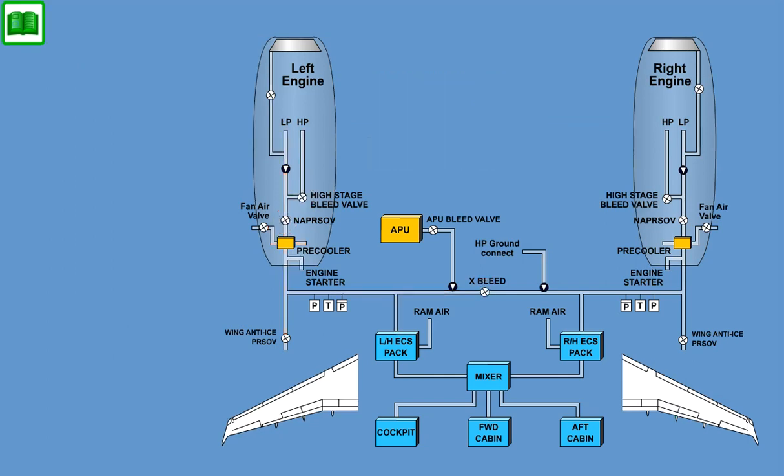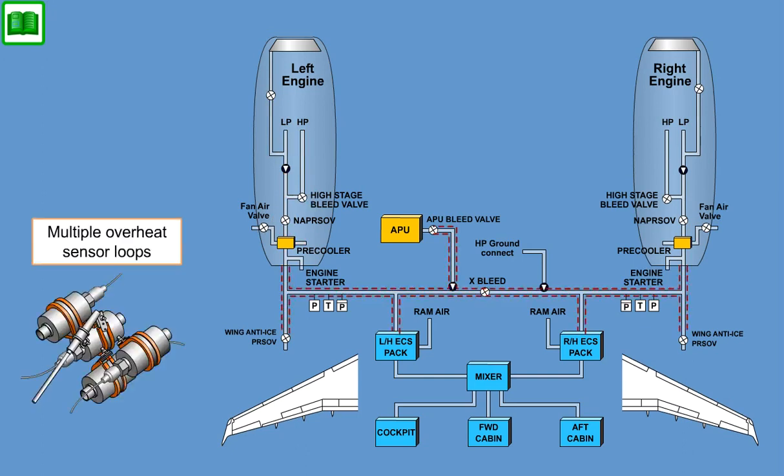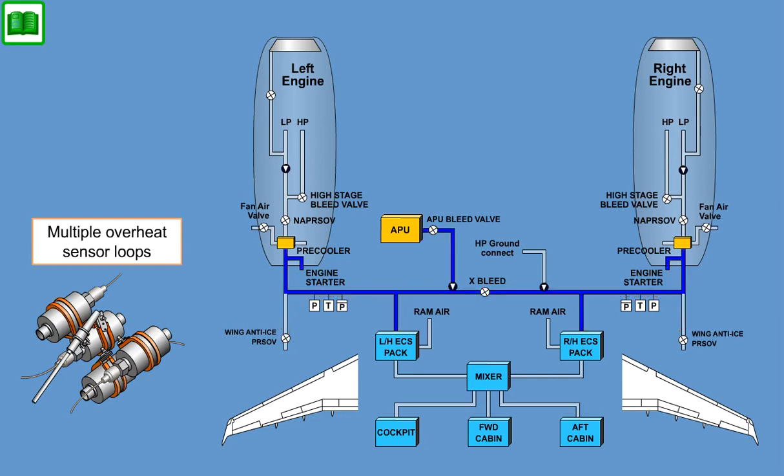The hot air leak detection system is comprised of multiple overheat sensor loops and electronic control. Together, these components provide rapid and reliable overheat and leak detection for the bleed air distribution manifold and anti-ice supply ducting.